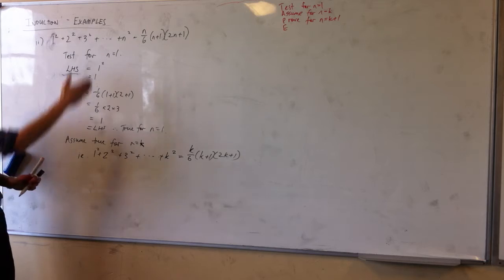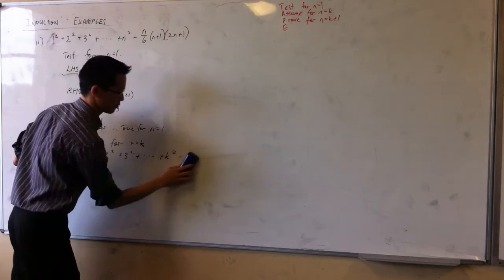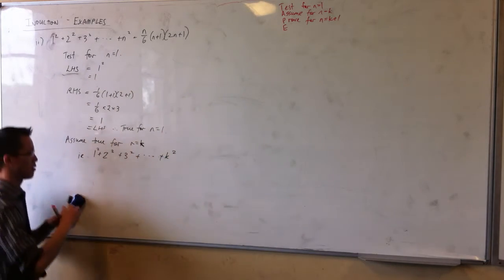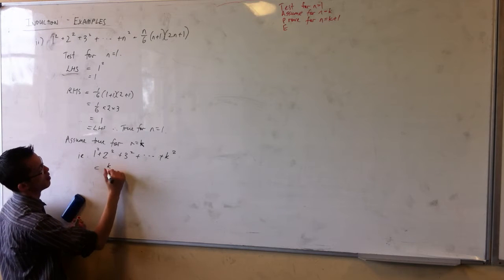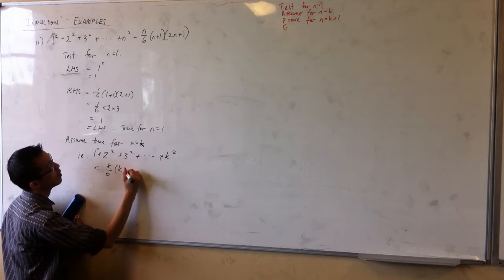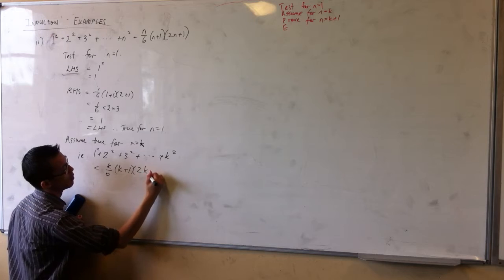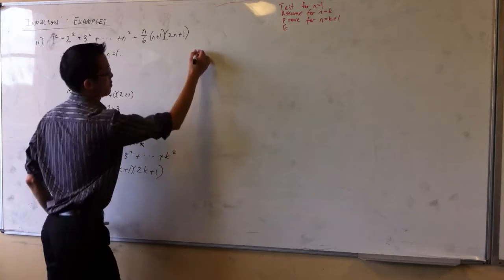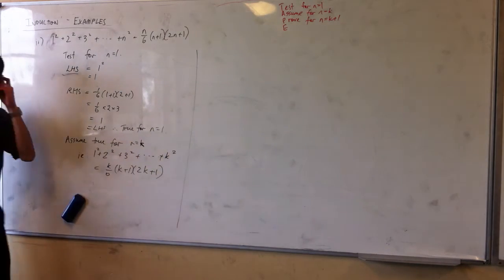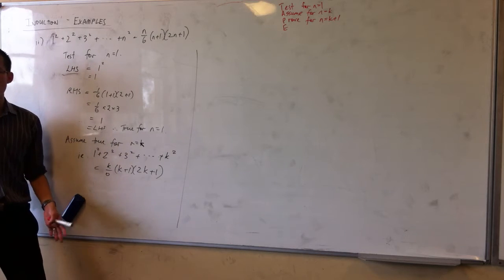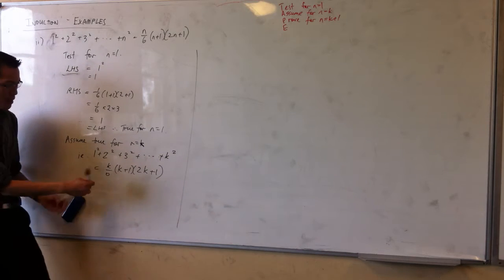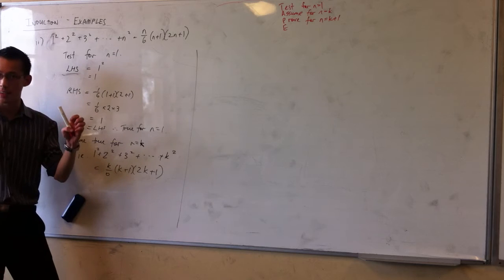So I'm going to try and use this side of the board. Give myself a little more room. Now, be careful how you write this next part, right? Make it easy for yourself to make the substitution, the by assumption step, okay?